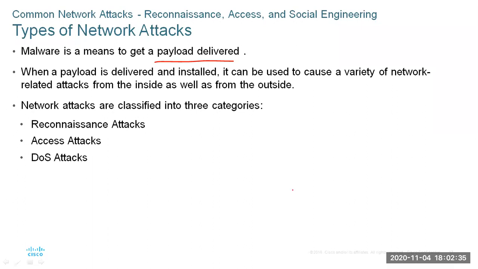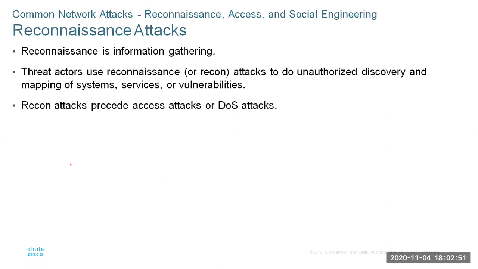All right, they are categorized into reconnaissance attack, access attack, or denial of service attack. Now, what do they mean? Reconnaissance is basically information gathering, and the threat actor uses it to do unauthorized discovery, to get system mapping, system services, or vulnerabilities.